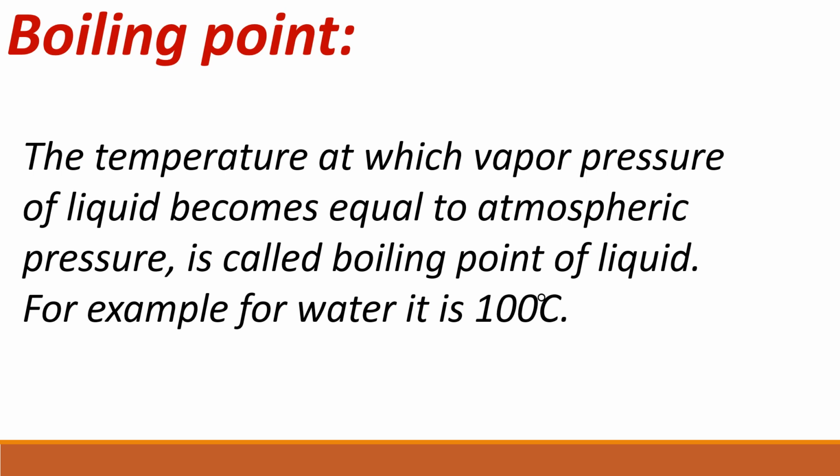These vapors exert pressure on the surface of the liquid. When this pressure becomes equal to atmospheric pressure, that is 1 atmosphere, that temperature is called the boiling point of the liquid. At 100 degrees centigrade, the vapor pressure of water becomes equal to atmospheric pressure and water starts boiling.